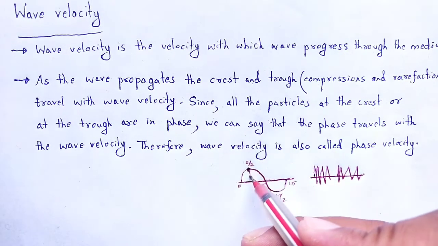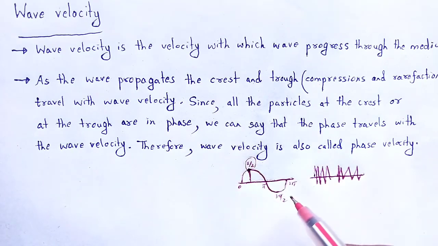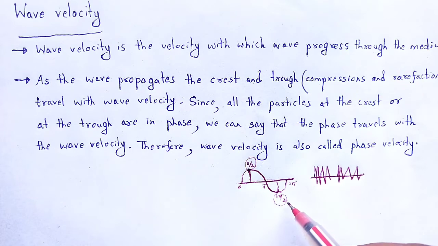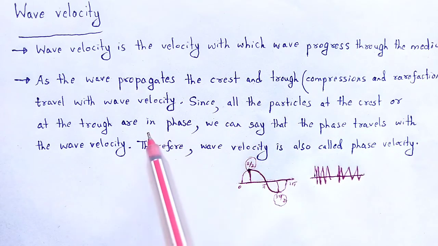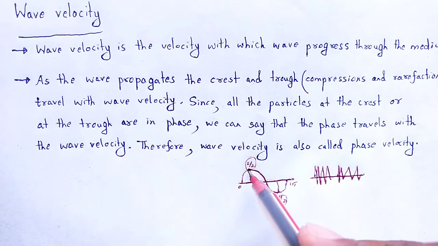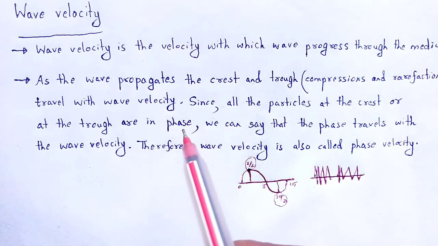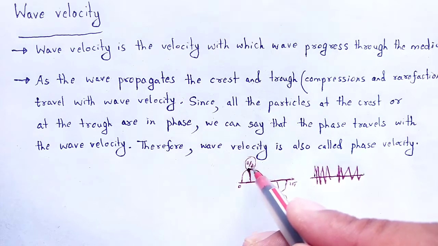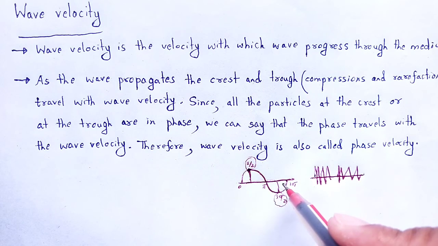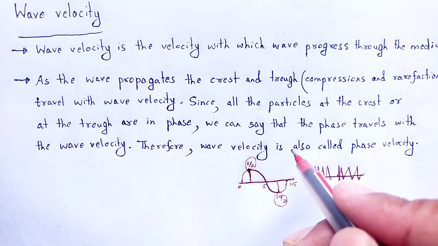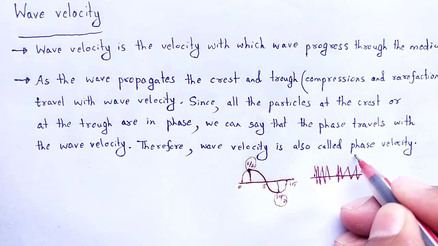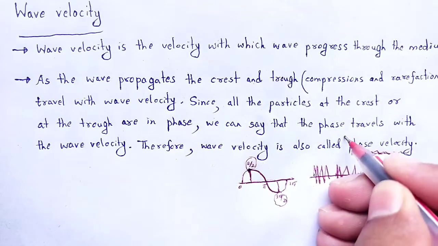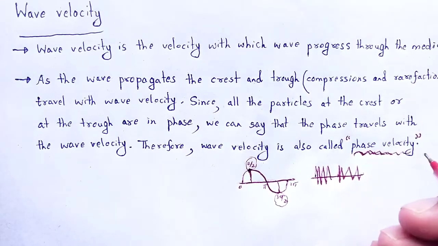So the particle at the crest is at phase pi by 2, and when that particle is at the trough it is at phase 3 pi by 2. Means the particles at crest or trough are in a particular phase. We can say that the phase travels with the wave velocity. Therefore, that wave velocity is also called the phase velocity.